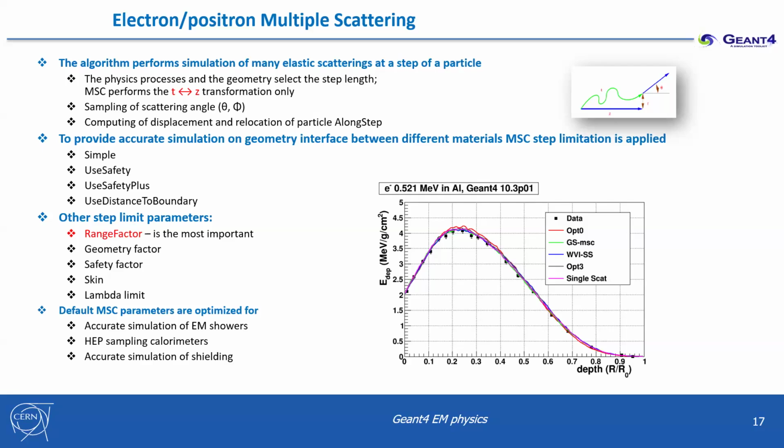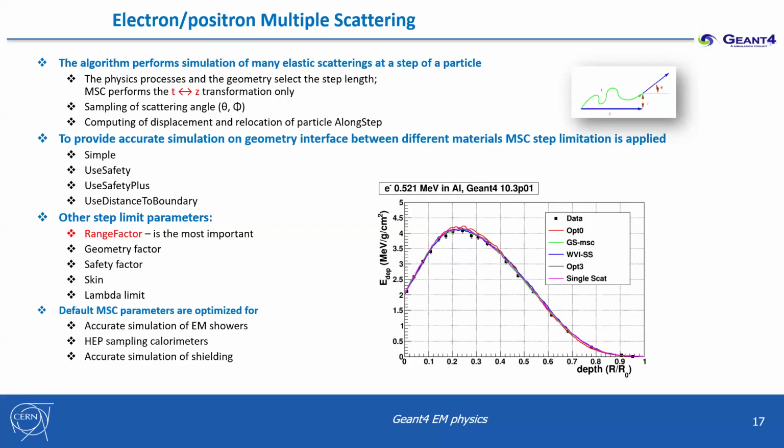And on the plot, we see energy deposition as a function of the position within this slab, in units of distance divided by this range computed as the integral over dE/dx.